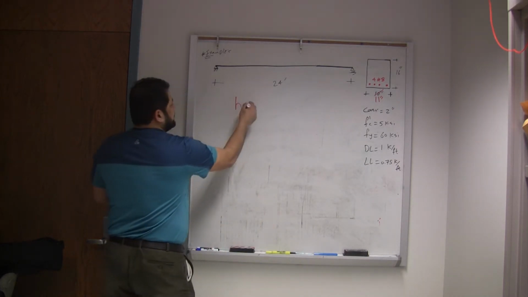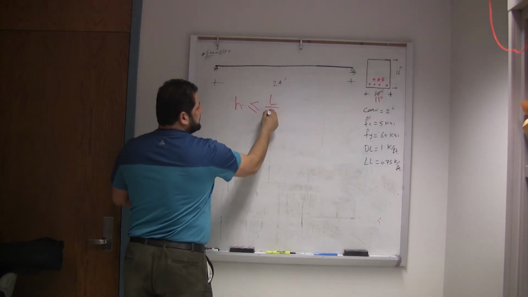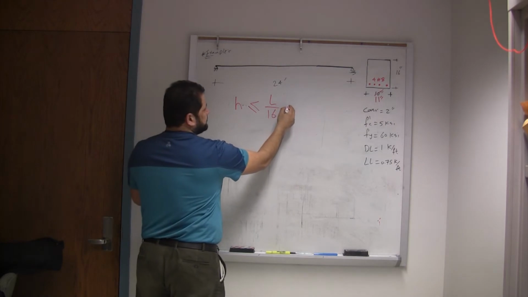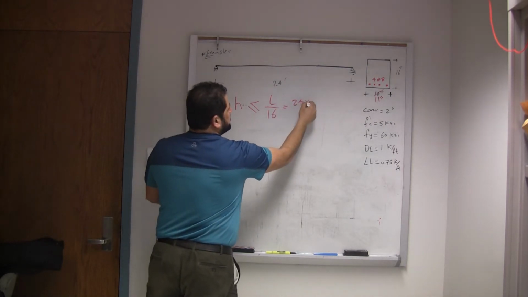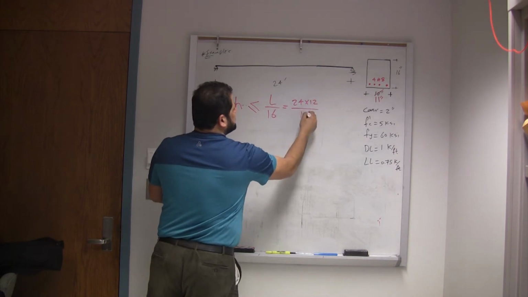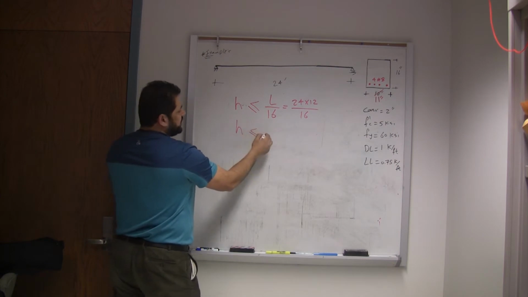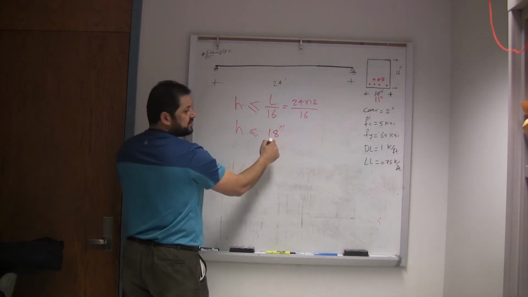If H is greater than or equal to L over 16, deflection is okay. Let's see what's L over 16. This equals 24 times 12 over 16 to have it in inch. So if H is this or more, how much? 18. 18 inch?